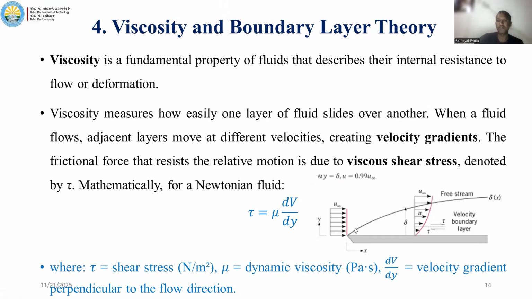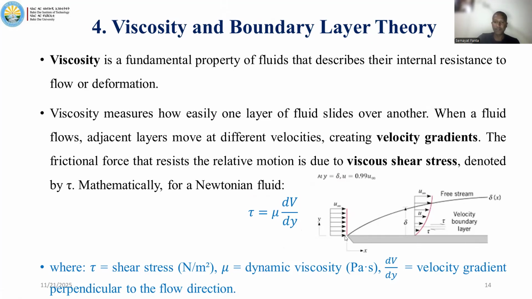As we observe from this, we have a velocity gradient, and we have delta. As delta approaches y, what we get is the shear stress tau equals the dynamic viscosity times dv over dy, where v is the velocity and y is the distance.